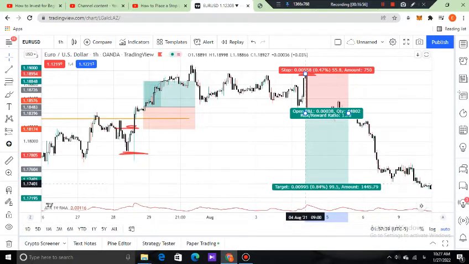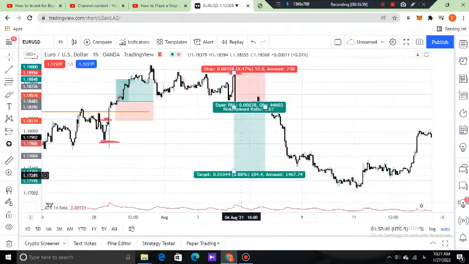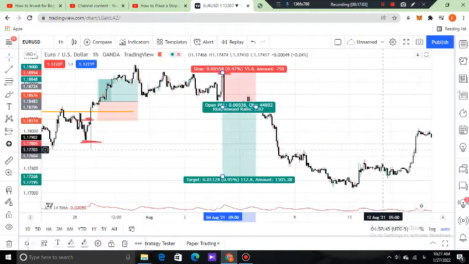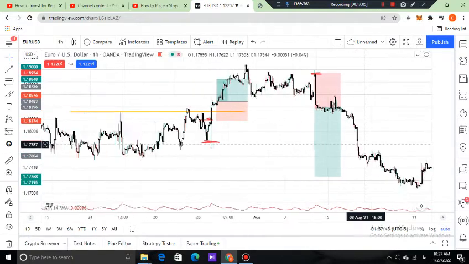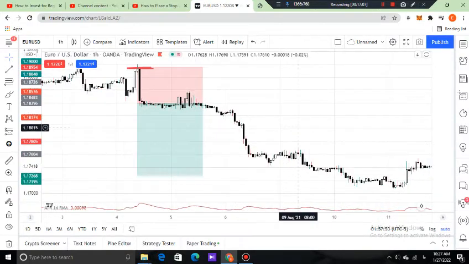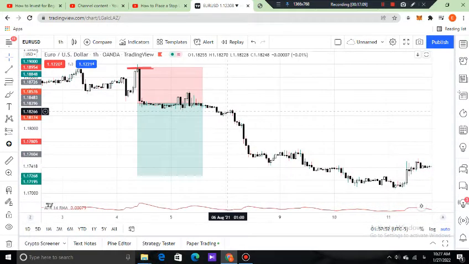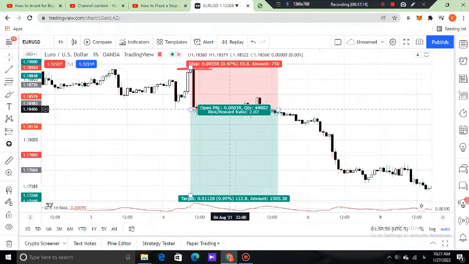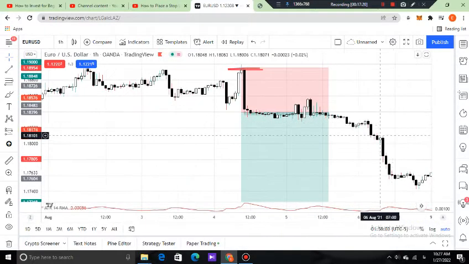And if you want to take profit twice your risk, it is here, which is not that probable. Its probability is not that high. You risk a lot. It's 50 pips.